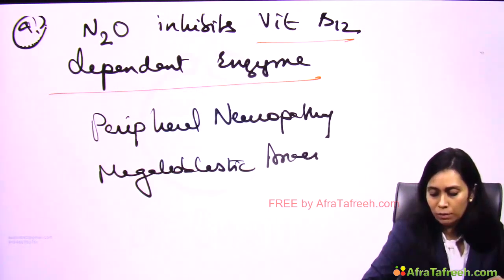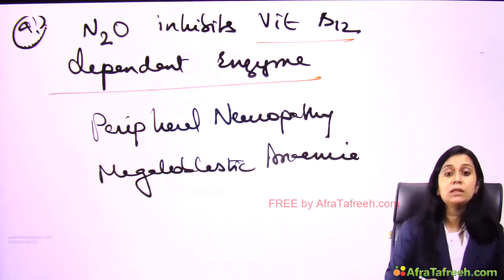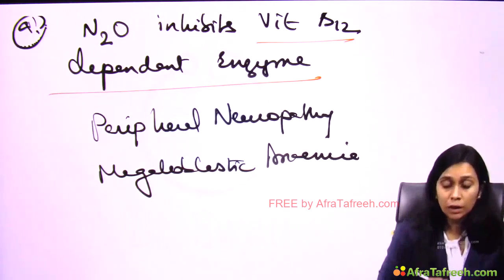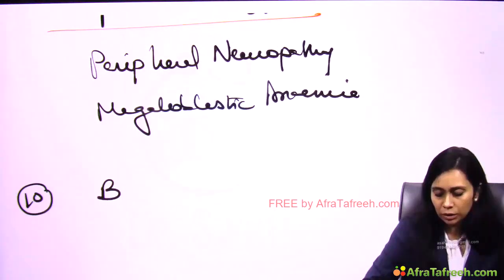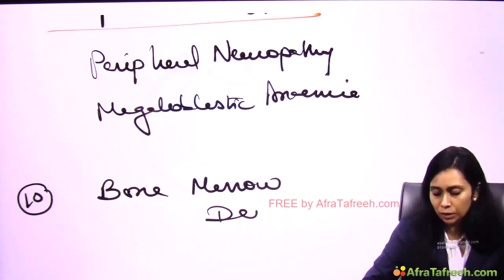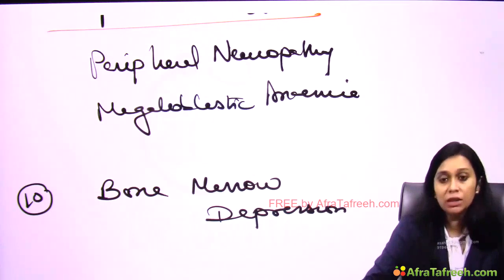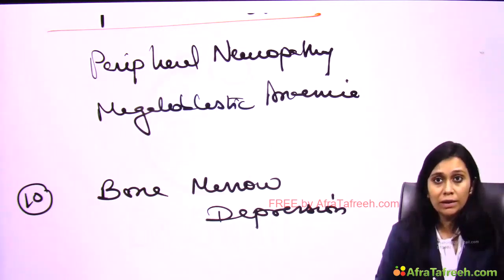So these are the 2 problems of nitrous oxide because it inhibits vitamin B12 dependent enzyme. And last point, bone marrow depression. It causes bone marrow depression. So these are the 10 points which we need to know about nitrous oxide, right?